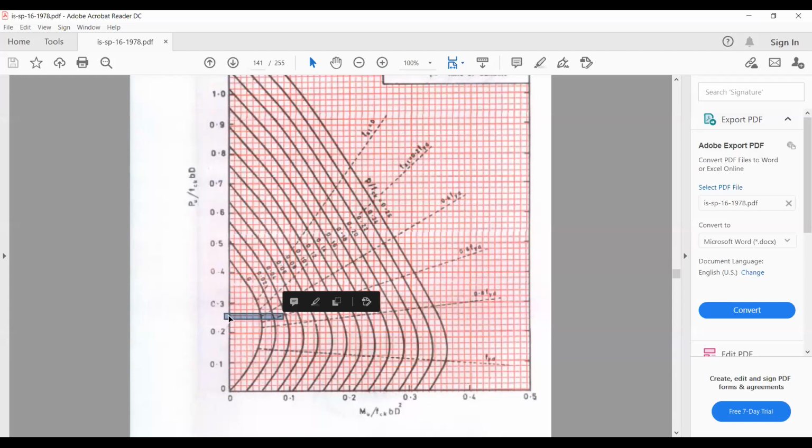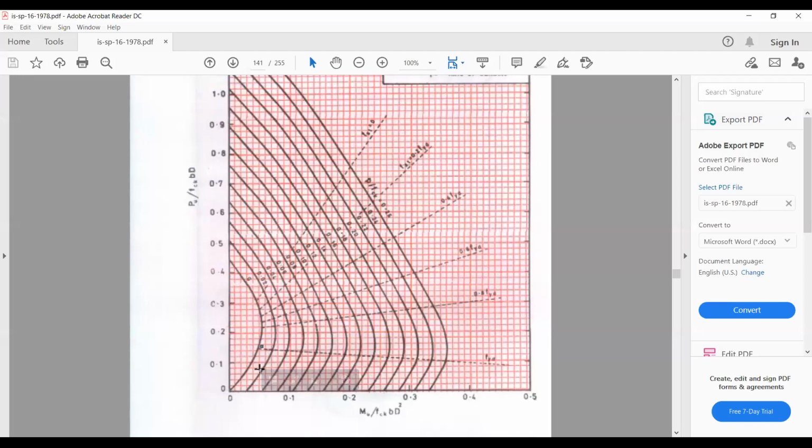Okay, so somewhere here it will come, and this one Mu by fck b d square, what is the value? 0.06. Then it will be somewhere here, right? Okay, and here you have to interpolate, and you have to check the p by fck value. How much are you getting?